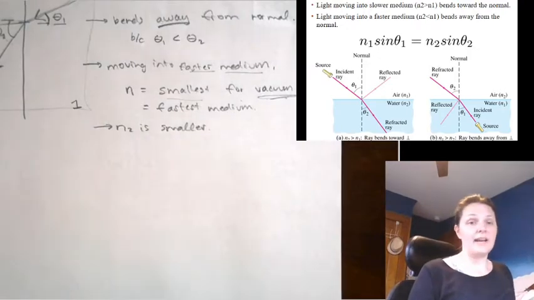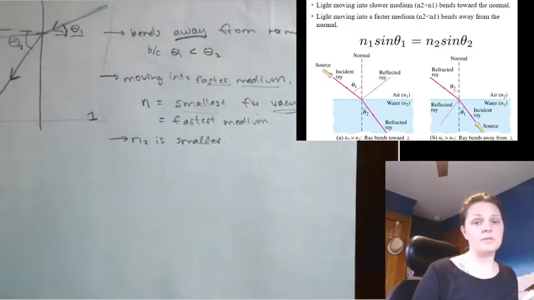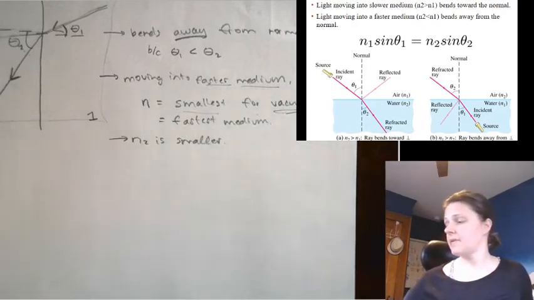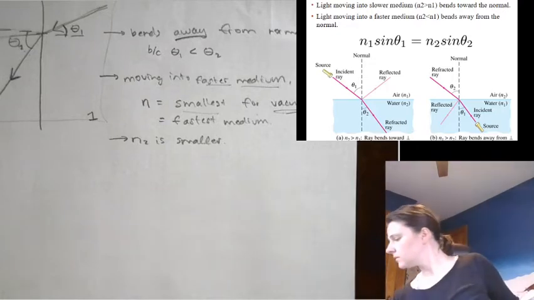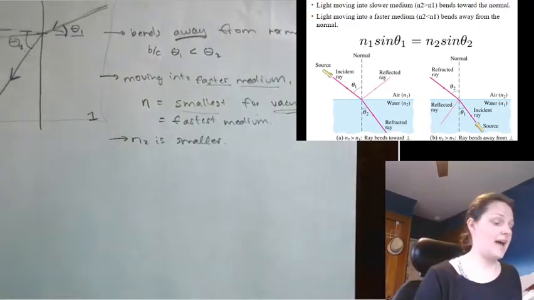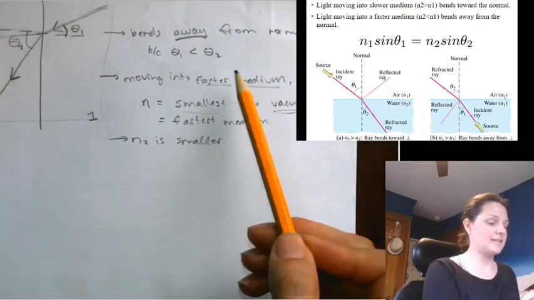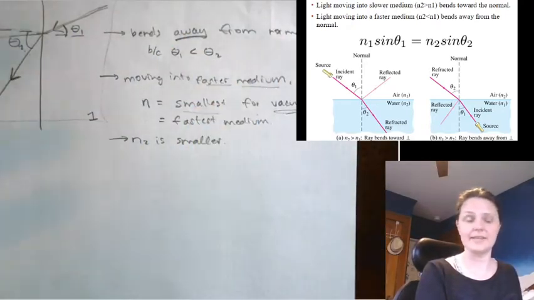I will just say right now that I find this way of thinking about this problem really hard and confusing, and I get it wrong half of the time because I have to memorize these statements, and from year to year I always forget them.